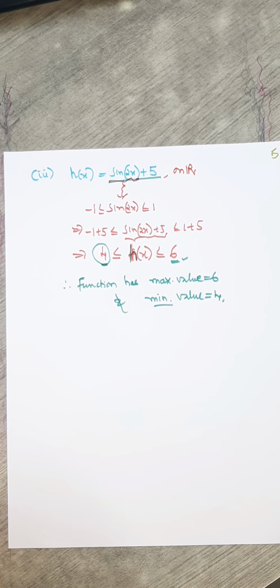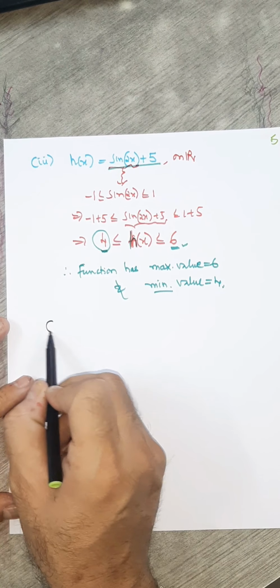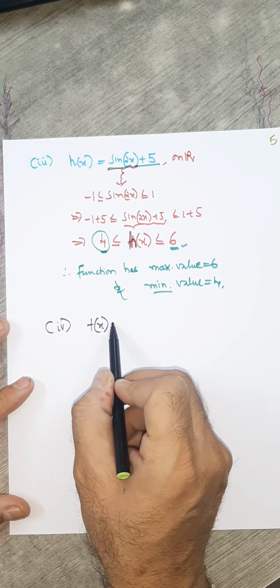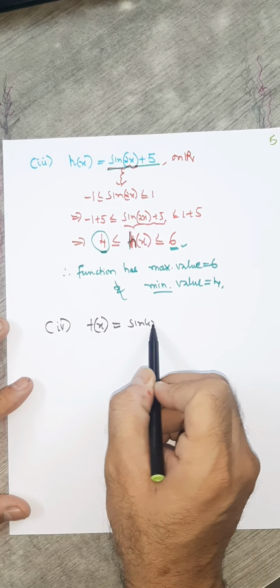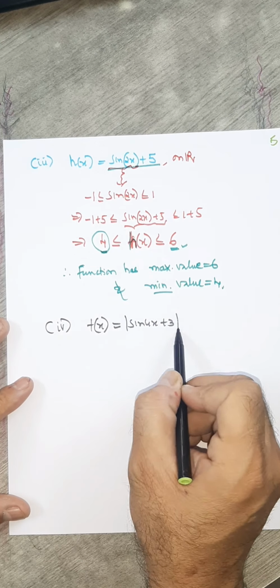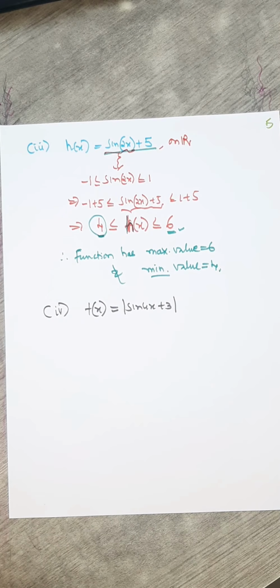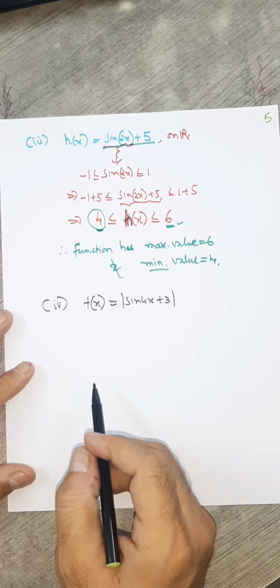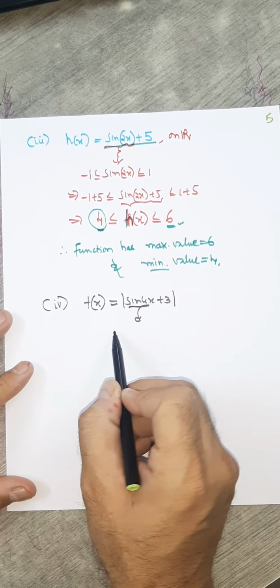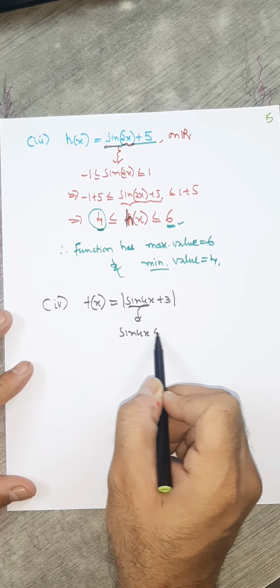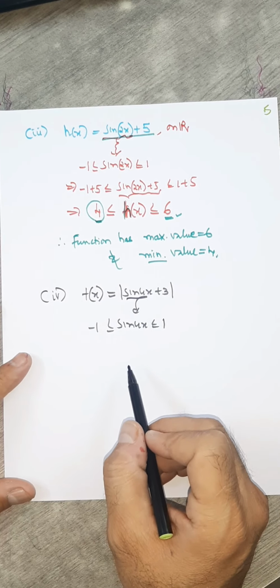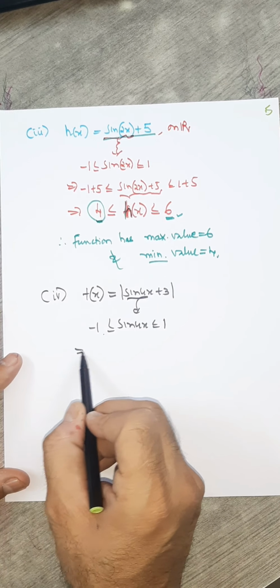What about the fourth sub question? Let's see the fourth. Yes, that's also like this only. You have f of x equals modulus of sine 4x plus 3. So here it's just a question of finding the range. We start with this. Sine 4x is always between -1 and 1. For any theta, the range of the sine function is the closed interval -1 to 1.